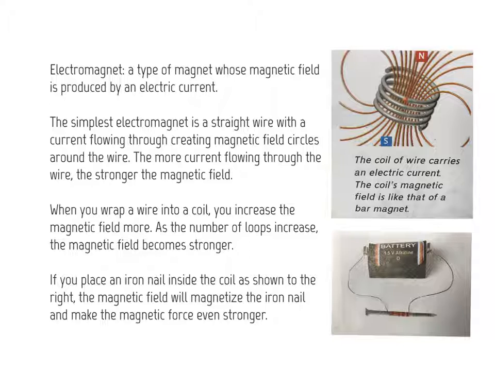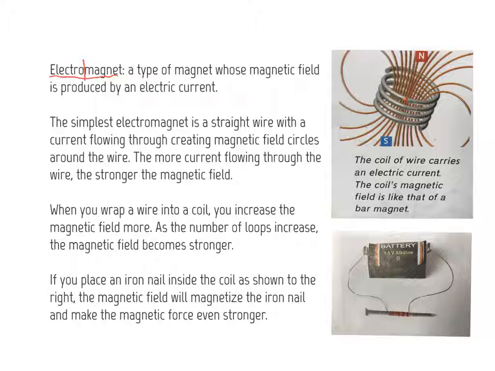So now we want to talk about electromagnets, because electromagnets have magnetic properties, but I want you to decompose the word electro and magnet. When you think of electro, what do you think of? Electricity. And when you think of magnet, what do you think of?